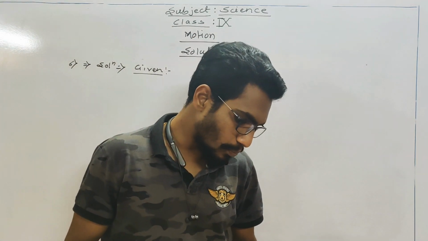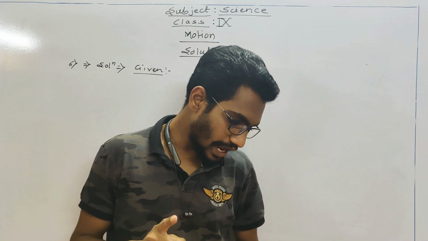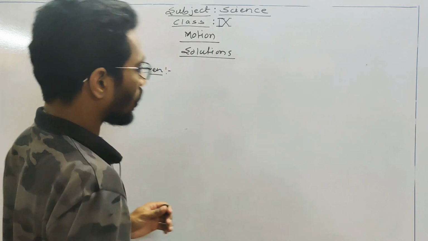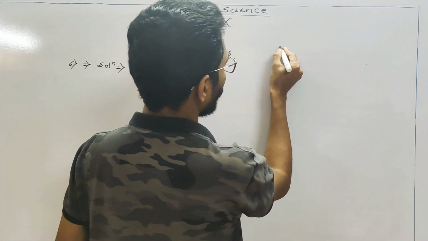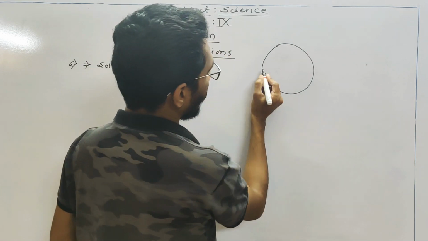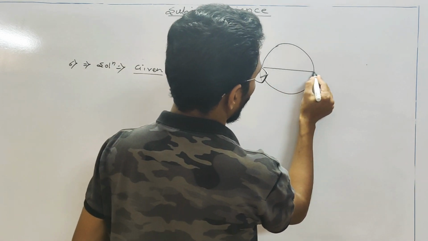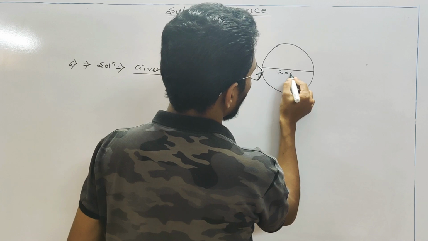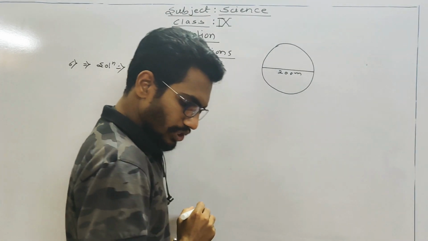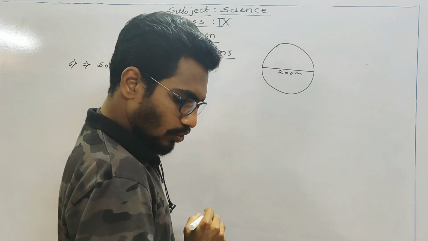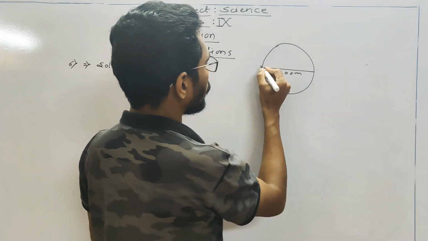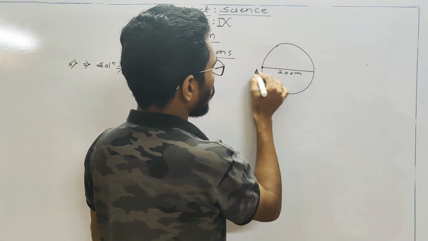An athlete completes one round of a circular track of diameter 200 meter in 40 seconds. So I am going to draw the diagram here. So this is the circular track of diameter 200 meter.